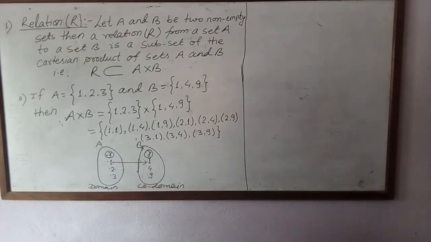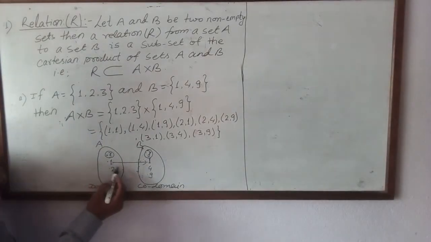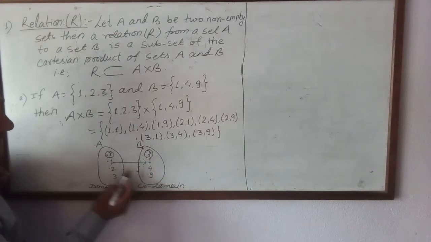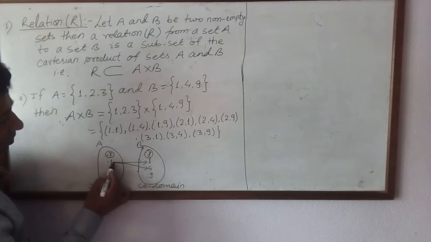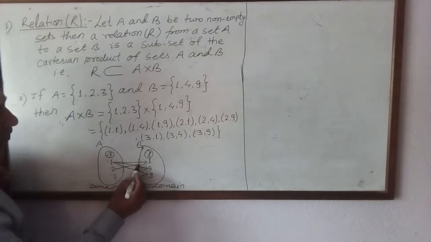We can also show this A cross B in a diagram. 1 has a relation with 1, 4 and 9: (1, 1), (1, 4), (1, 9). Similarly 2: (2, 1), (2, 4), (2, 9). Similarly 3: (3, 1), (3, 4), (3, 9).